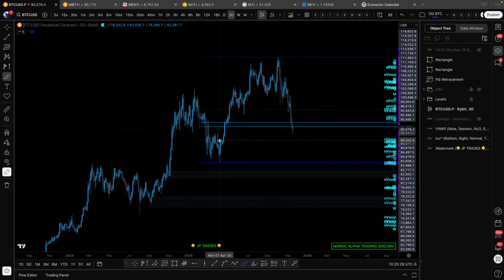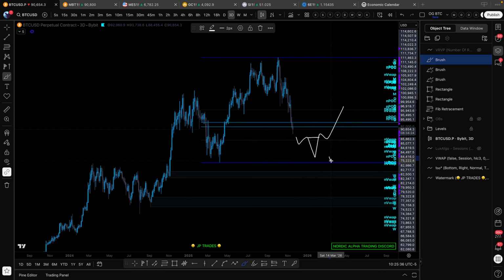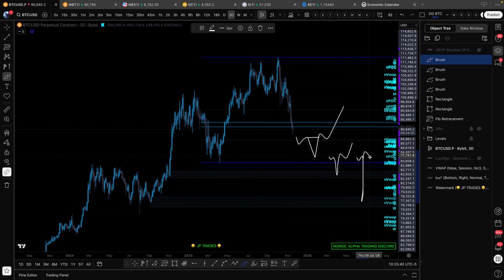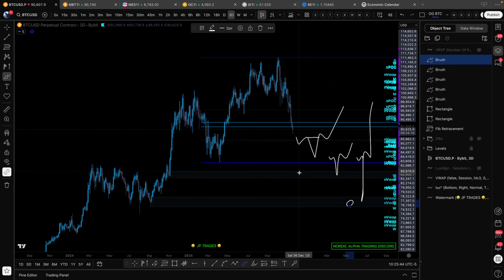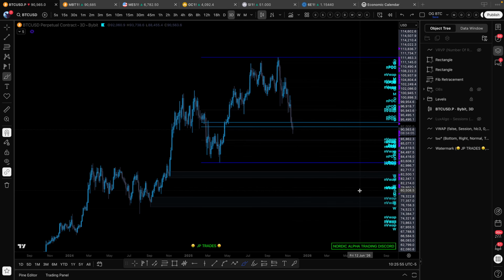So ultimately, what I would look for is a shift in this area, an SFP here, or a very large SFP down in those areas, or down to one of these areas. Those would be my top 3 long setups.